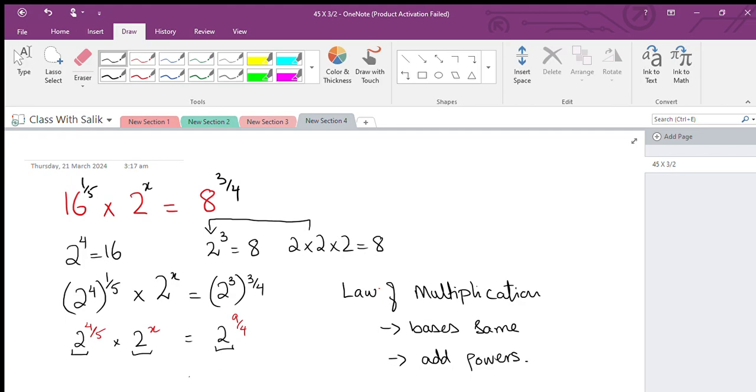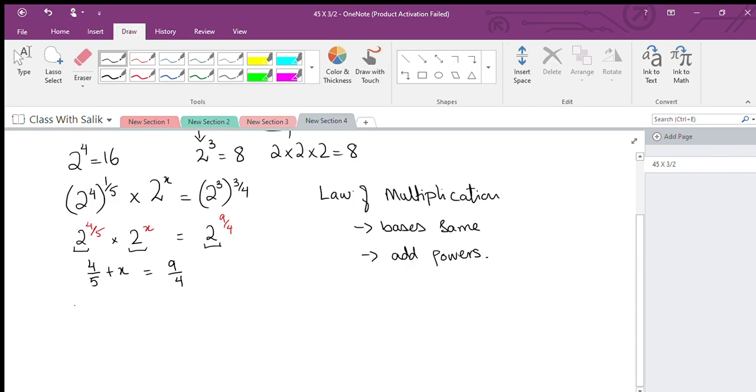So over here you will write 4 over 5, ignoring the bases now, plus x equals 9 over 4. So now you're dealing with powers and ignoring the bases. Here we added the powers because there is a sign of multiplication, so we are applying the law of multiplication. So we are adding the powers.